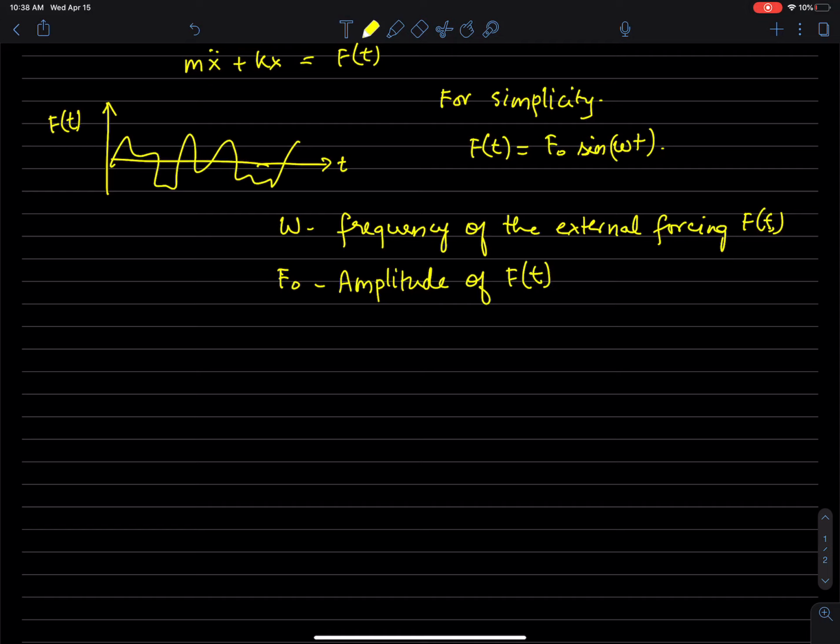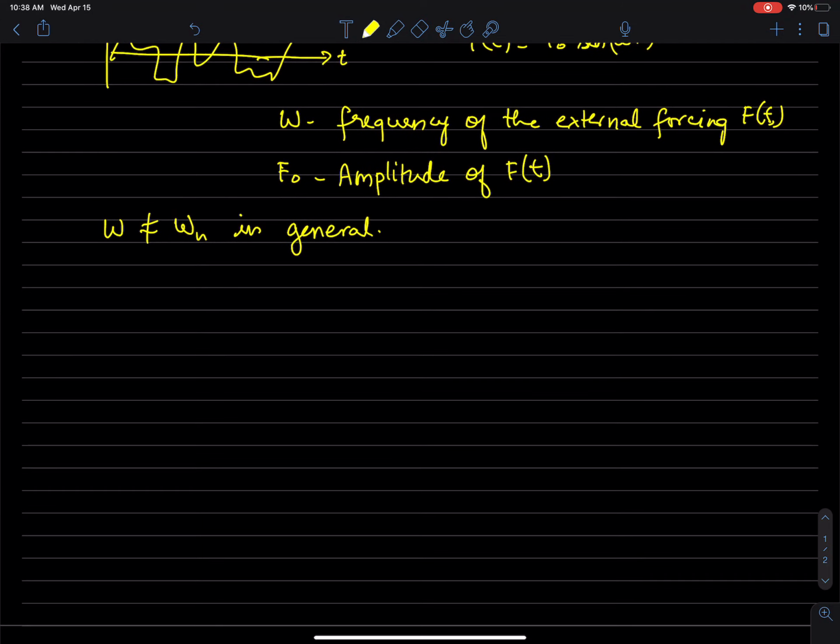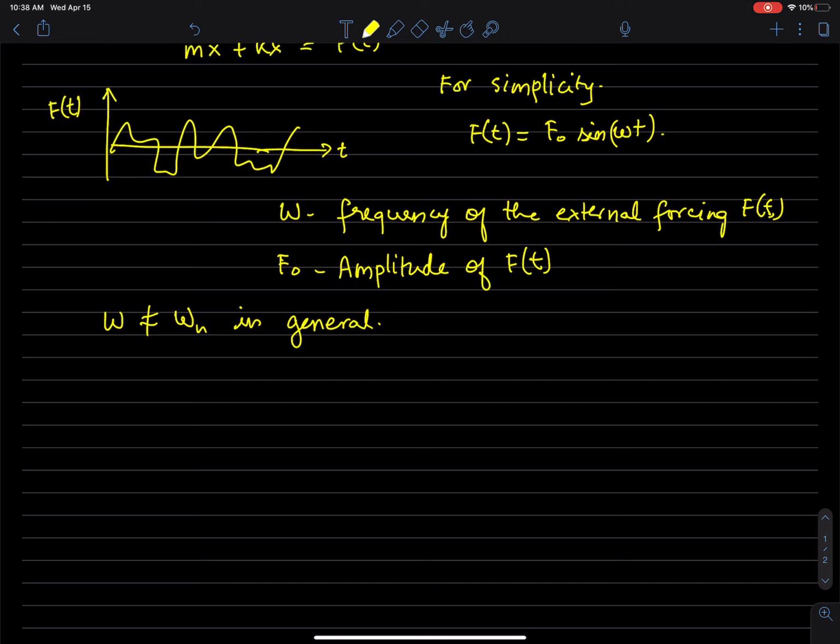Okay, omega not equal to omega n in general. So omega can be in general different from omega n, and then in some special cases, omega may be equal to omega n, where omega n is the natural frequency. Okay, so we are considering a sinusoidal forcing.